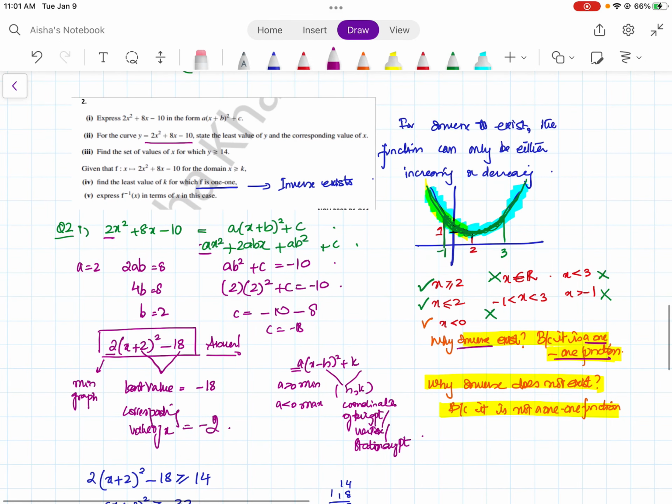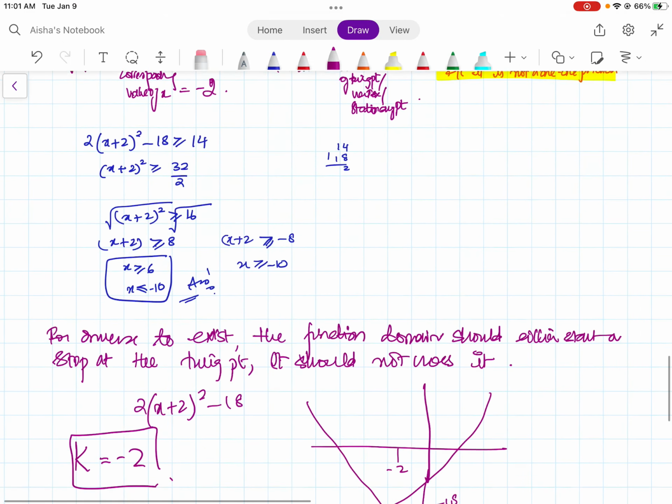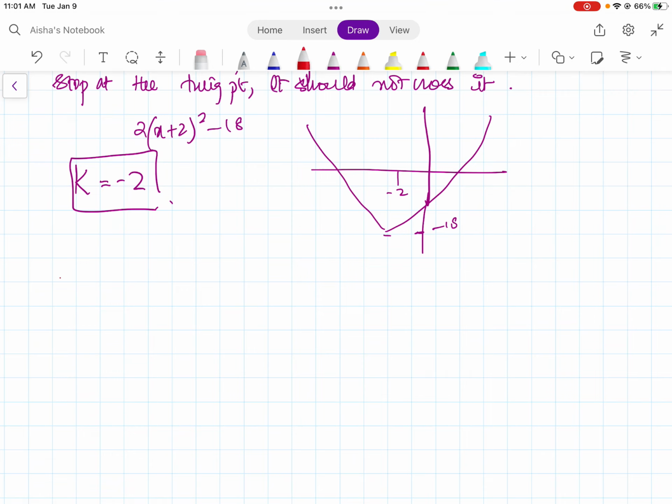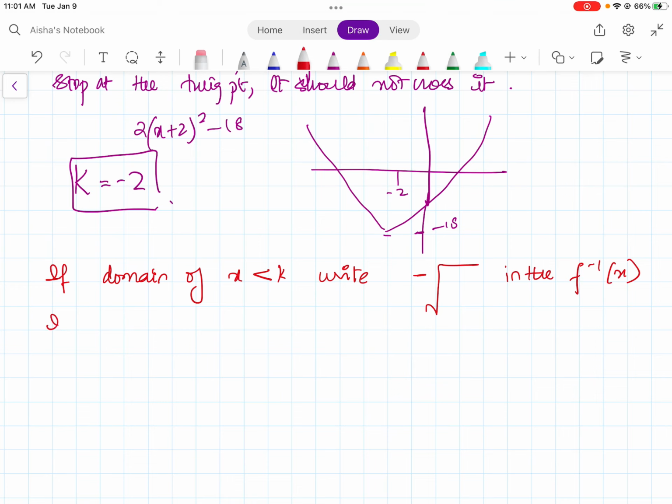Okay? Express f inverse in terms of x in this case. Now here comes another concept. If domain of x is less than k, write a negative sign in the inverse function outside the square root. If domain of x is greater than k, write a positive sign in the inverse function.